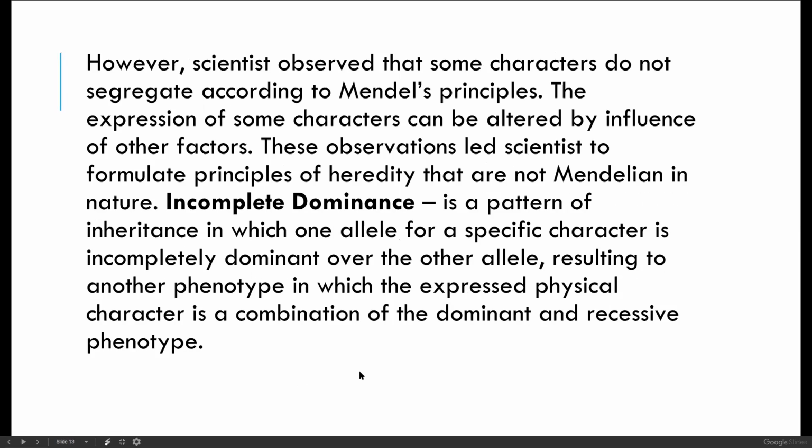Okay. So heredity that is not Mendelian, or non-Mendelian in nature, includes incomplete dominance. Incomplete dominance is the pattern of inheritance in which one allele for a specific character is incompletely dominant over the other allele, resulting in another phenotype in which the expressed physical character is a combination of the dominant and recessive phenotypes.